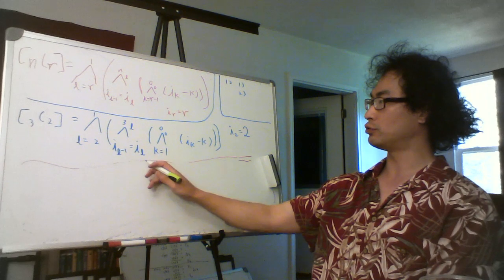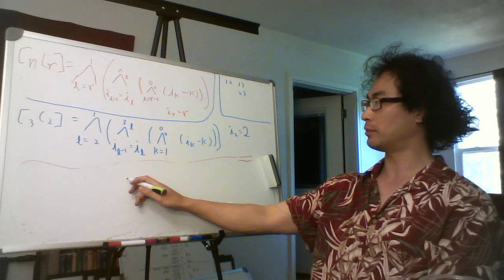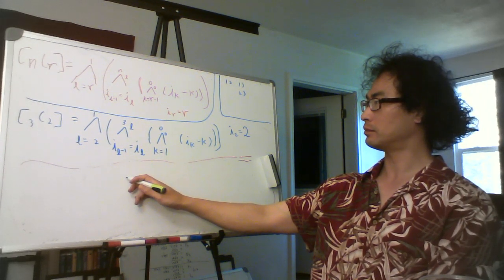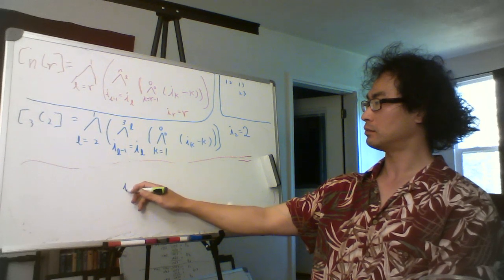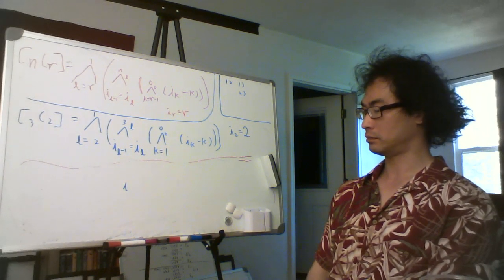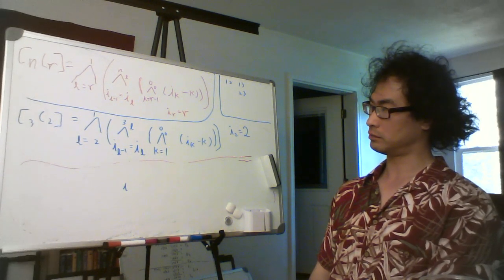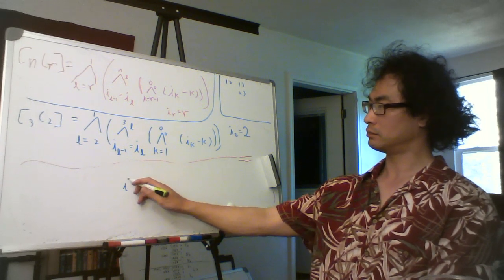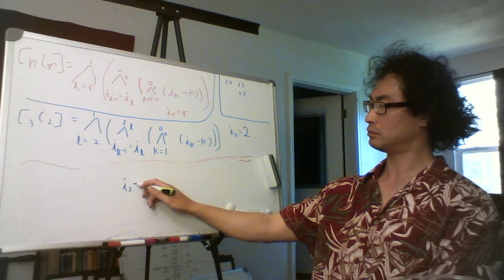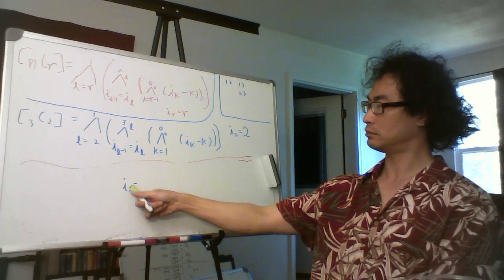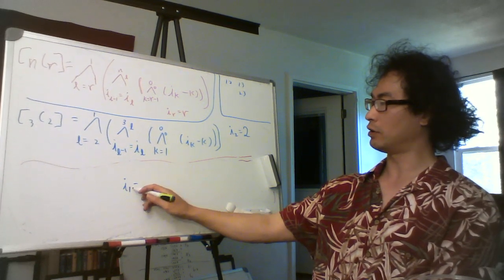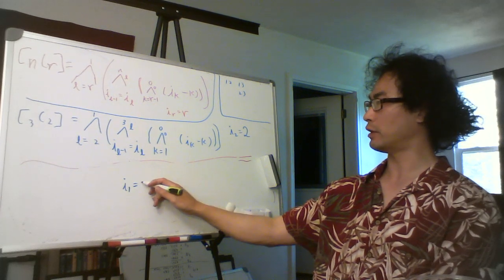When n is equal to 2, you have I1 from I2, which is 2, right?